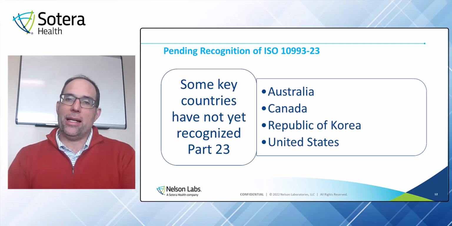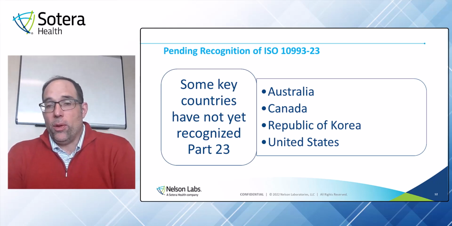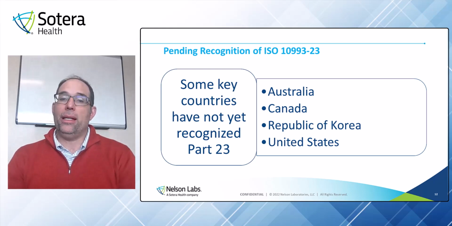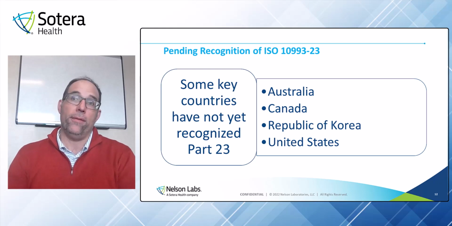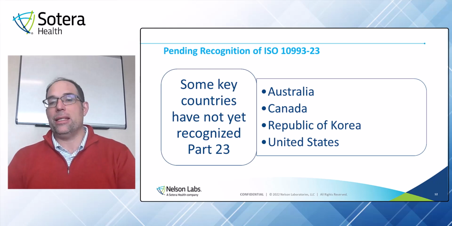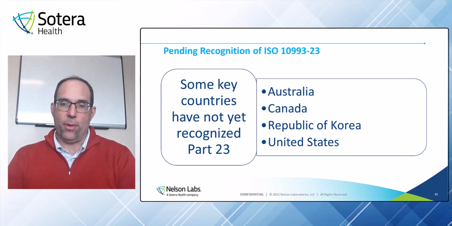As soon as we get the United States on board, everybody else would probably follow. I know the majority of the people listening to this webinar are probably submitting their samples to the FDA sometime in the future, so for them this is a concern. If they're not accepting the in vitro, I'm stuck doing the animal.